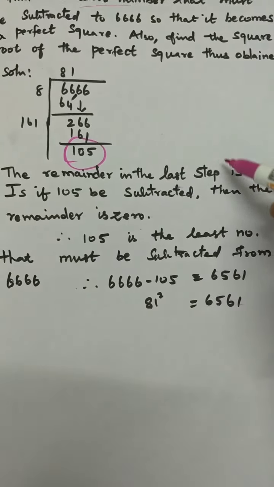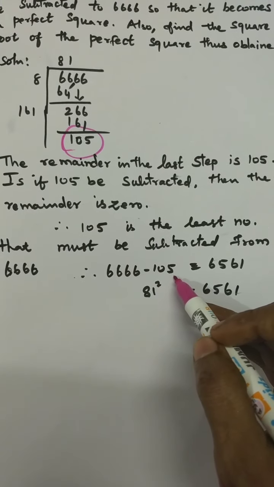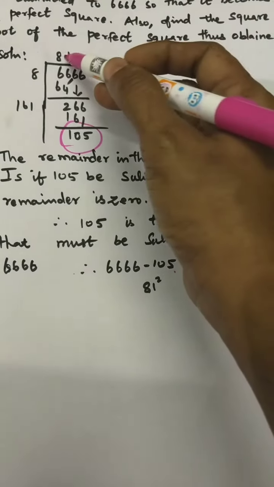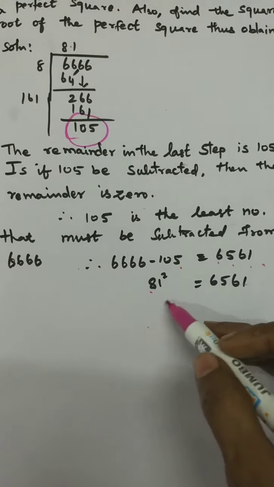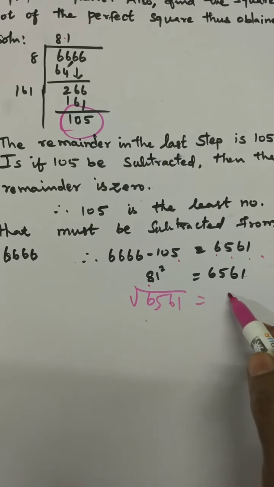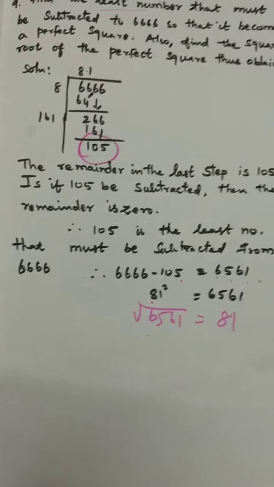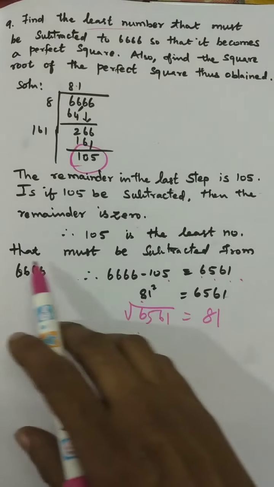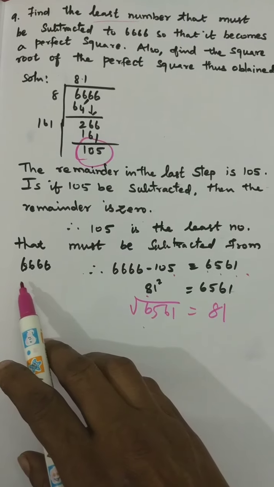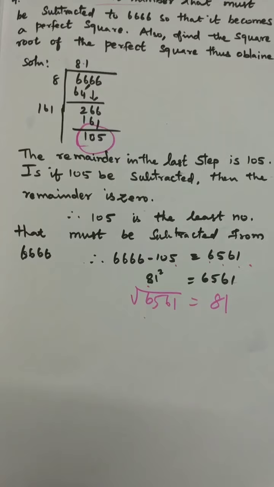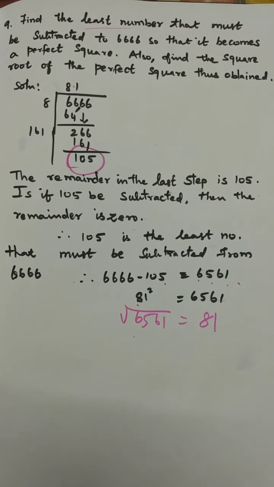If you subtract, 666 minus 105, then it will come to 6561. This is 81 square. So the square root of 6561 is equal to 81. Thus 105 is the least number that must be subtracted from 6666. Okay. Thank you. Have a nice day.